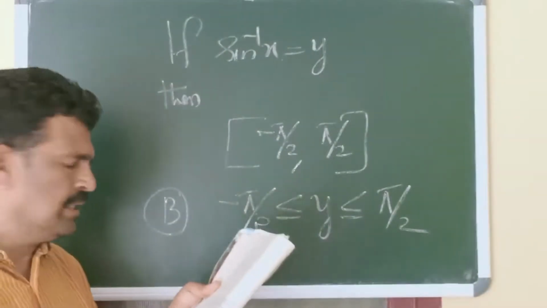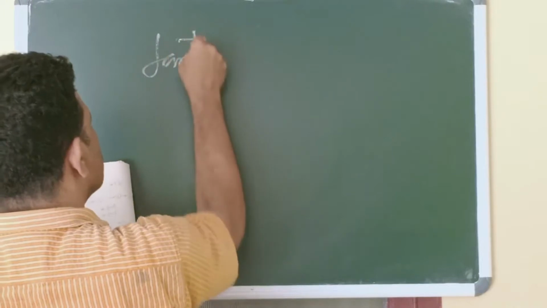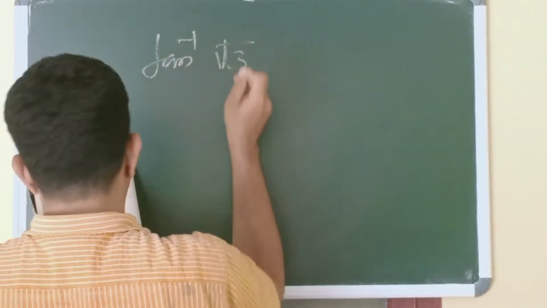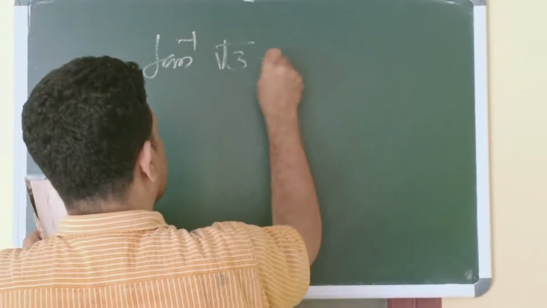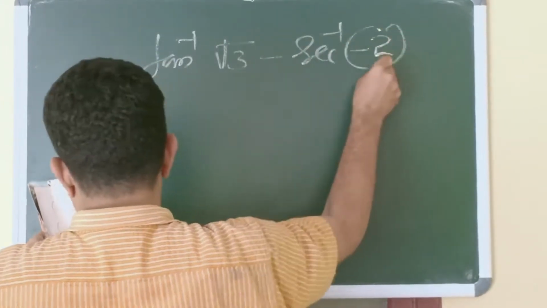Now one more question. Tan inverse root 3 minus sec inverse of negative 2. We have to find this value.